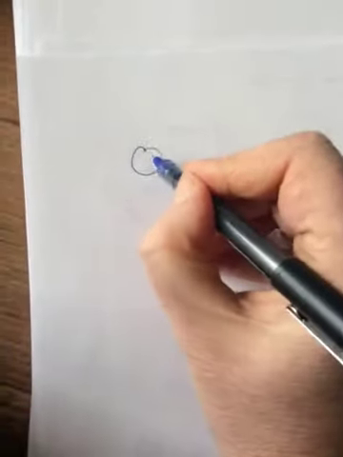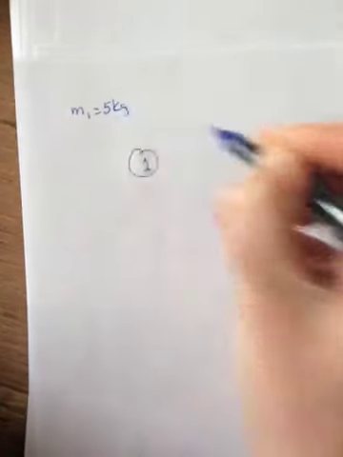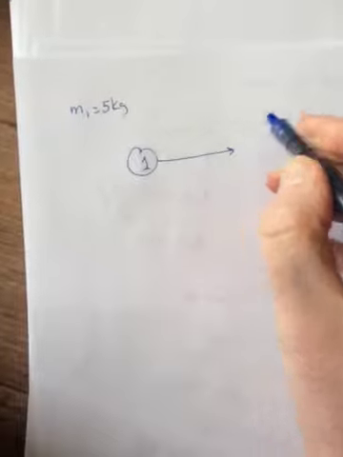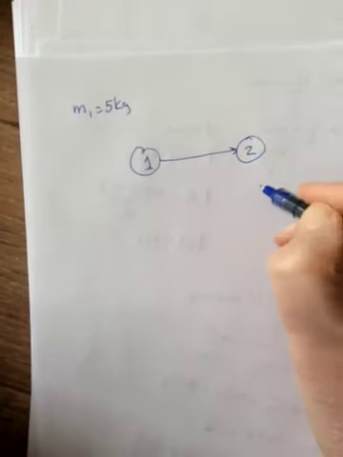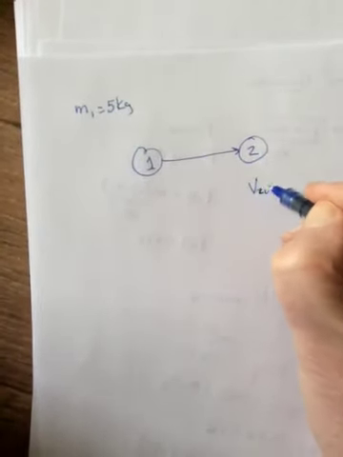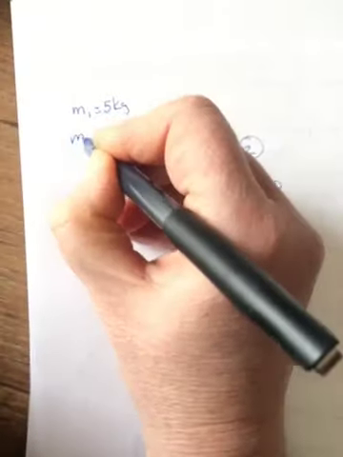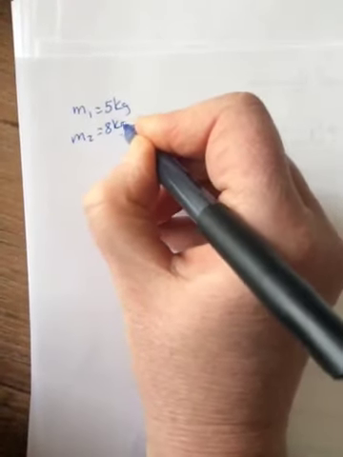Okay, so that was one-dimensional. But now we're going to look at two-dimensional momentum. So now we have ball 1 coming in. We can say its mass is still 5 kilograms, and it hits ball 2, which is still stationary. So v2 initial is still stationary. m2 we can still make 8 kilograms.